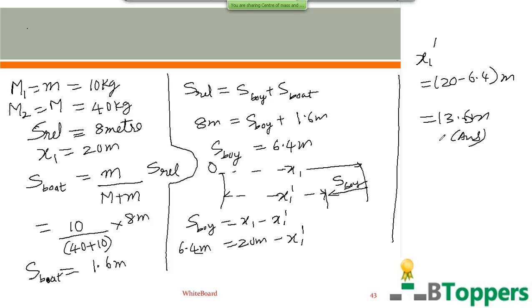If you want to copy down the solution of the problem, you can take a pause and copy it down. Next, I am going to discuss an alternate method for the same problem, because some of the students may not be able to recollect this result which I have directly put here.